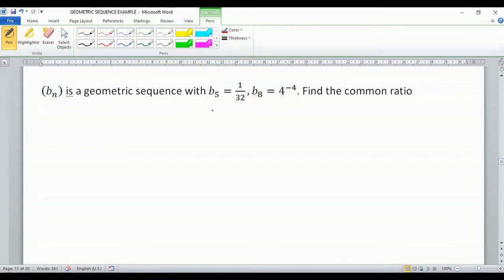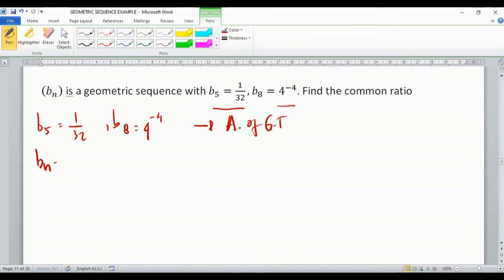Bn is a geometric sequence with the fifth term 1 over 32, and the eighth term equal to 4 to the power minus 4. Find the common ratio. So we have B5 equal to 1 over 32 and B8 equal to 4 to the power minus 4. So for easier answering of this question, you can use the advanced general term. The advanced general term is Bn equals Bp times k to the power n minus p.